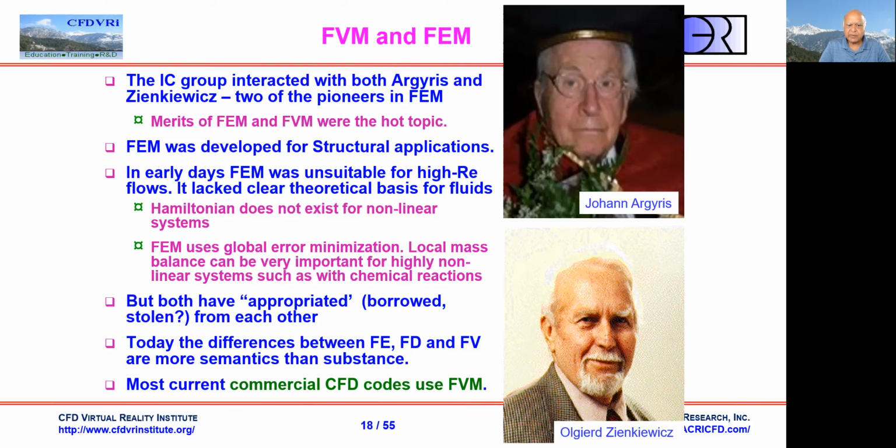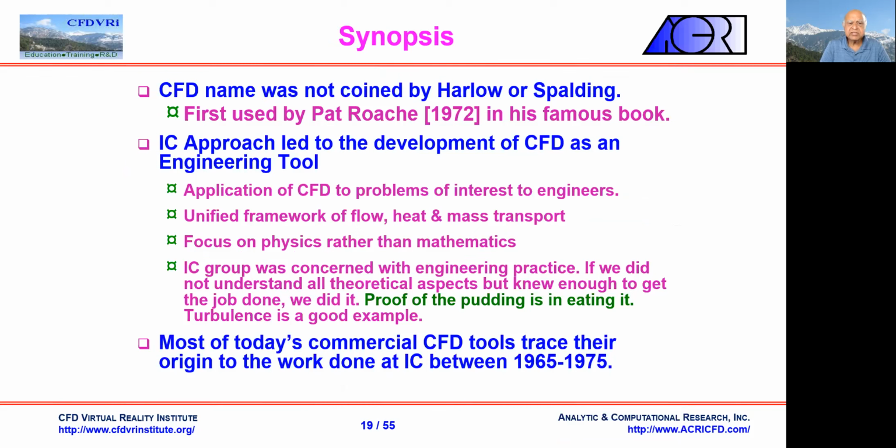So local mass balance can be very important for these highly nonlinear systems. Since then, both have appropriated, borrowed, stolen techniques from each other, and today the differences are semantics. But on the practical side, most current commercial codes use the finite volume method. So, in summary, one interesting fact is that the CFD name was not coined by either Harlow or Spalding. It was first used by Pat Roache in his famous book called Computational Fluid Dynamics.